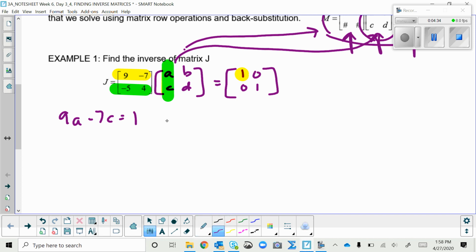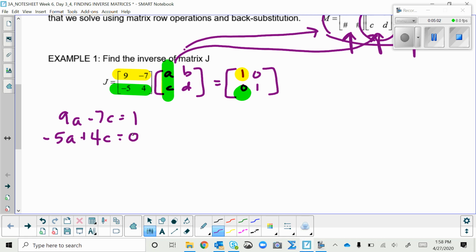The first positions multiplied are -5 and A. The second positions are 4 times C, which is 4C. And that's going to equal the second row, first column value in the identity matrix, which is 0.